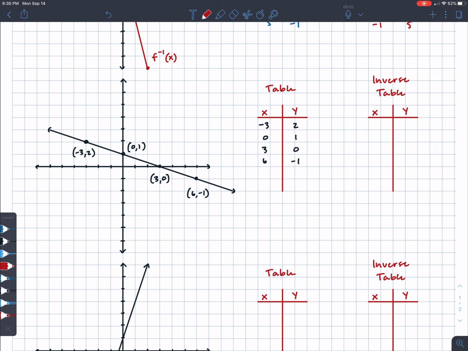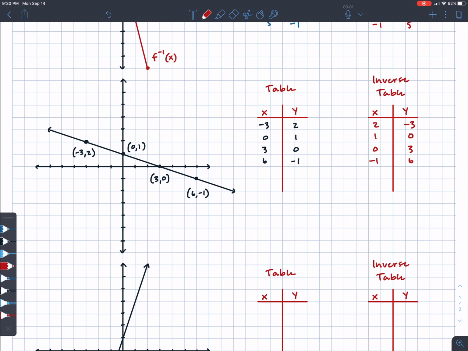I'm going to flip them to get my inverse function. So instead of -3, 2, 2, -3. Instead of 0, 1, 1, 0. Instead of 3, 0, 0, 3. And instead of 6, -1, -1, 6. Now that I have my inverse table, I'm going to go and plot those points.